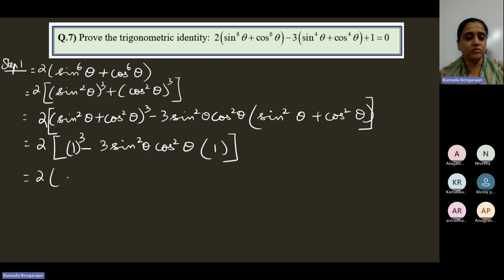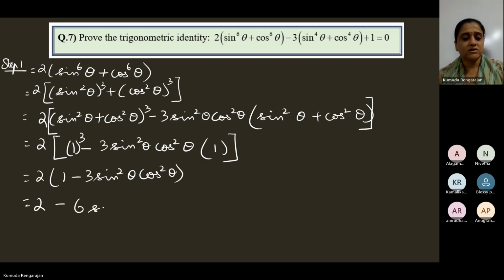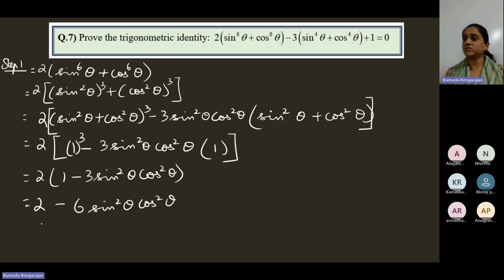So it is 2 into 1 minus 3 sine square theta cos square theta, which is now 2 minus 6 sine square theta cos square theta. Yeah, right on this. Then we'll do the second one. Quickly write down. A cube plus B cube is A plus B the whole cube minus 3AB into A plus B.